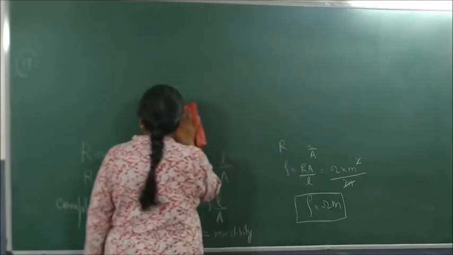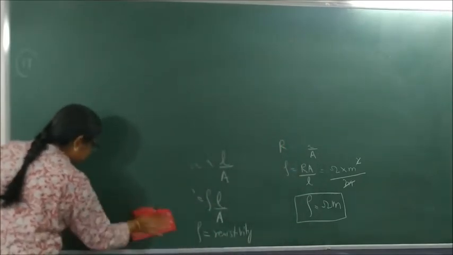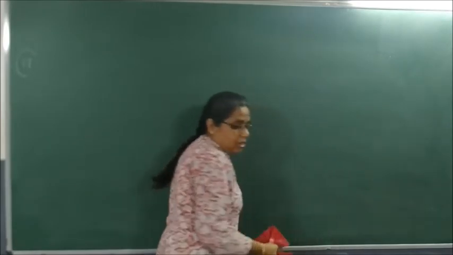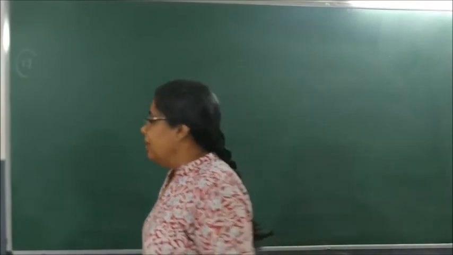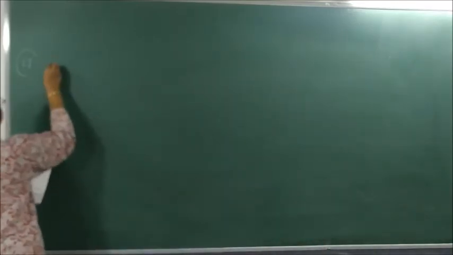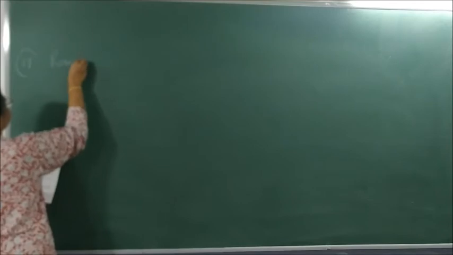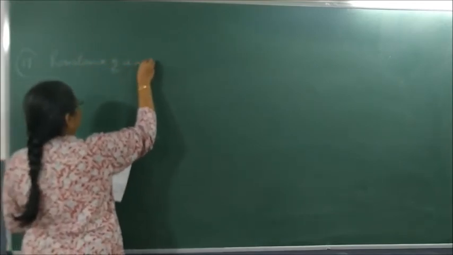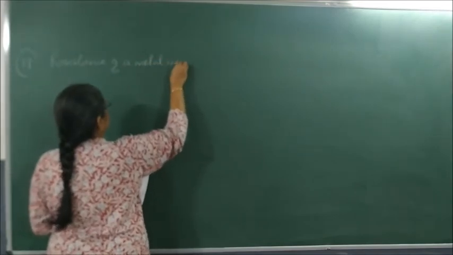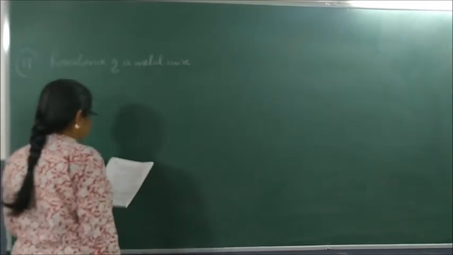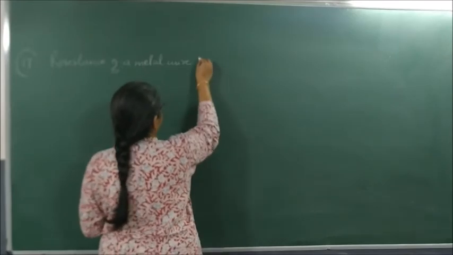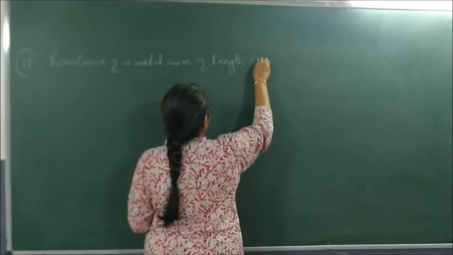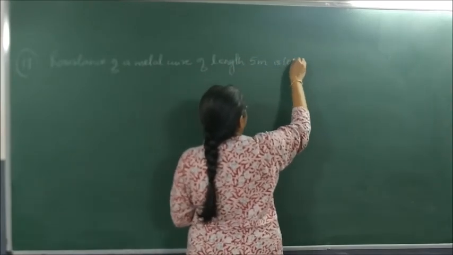The second part of the same question is a problem based on resistivity. So, if you know the formula, you can directly apply. It says: the resistance of a metal wire of length 5 meter is 100 ohm.